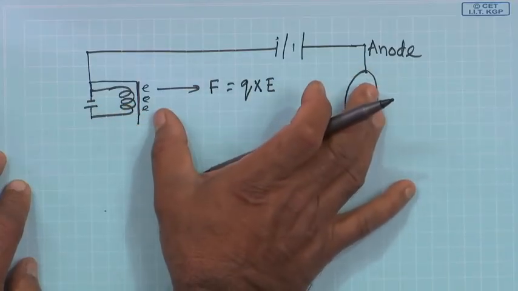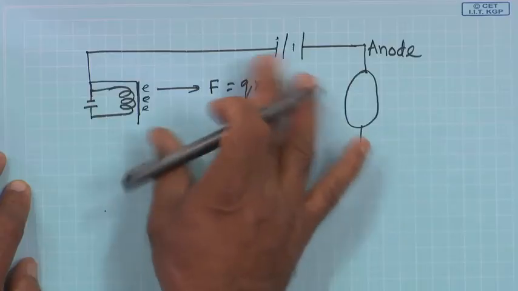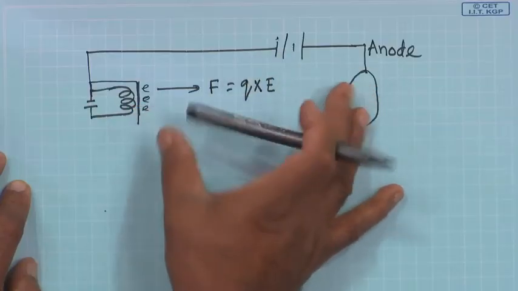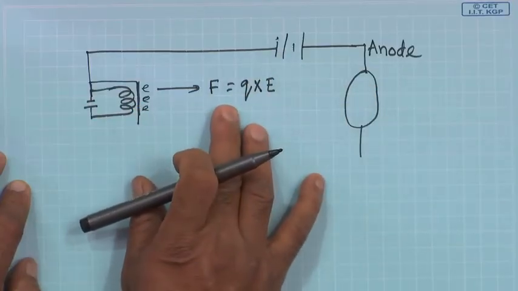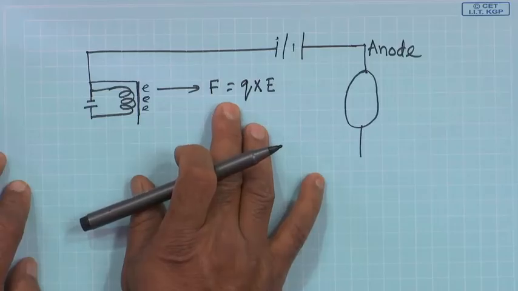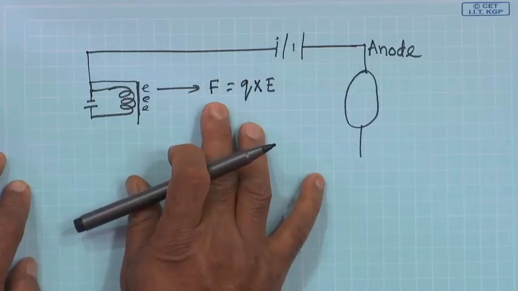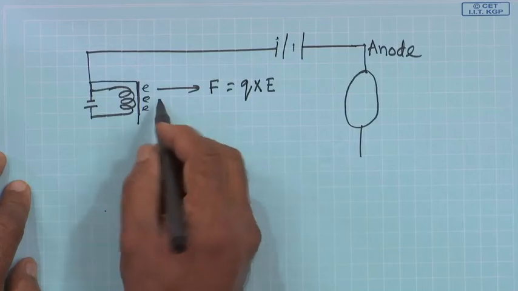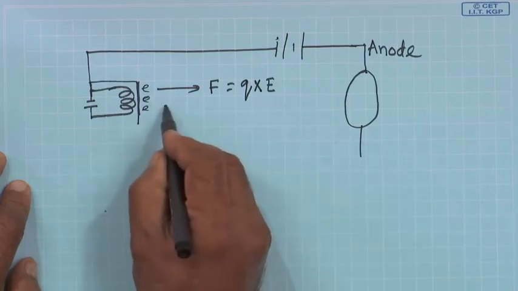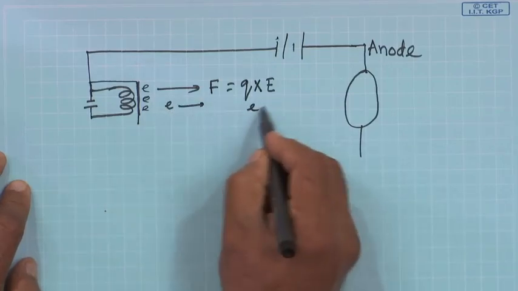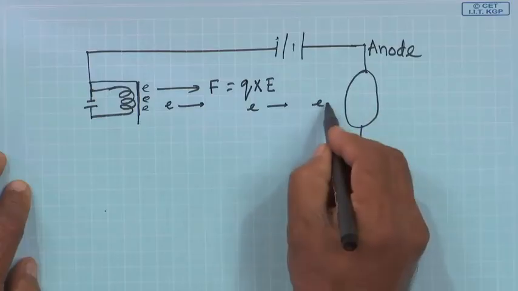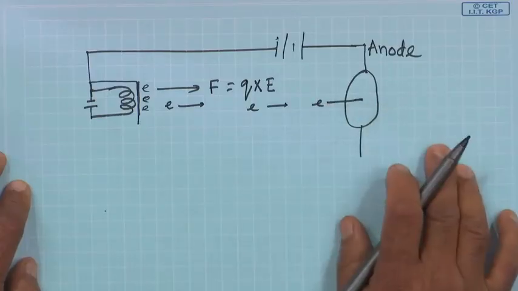So, due to this electric field, this charge will get a force and be accelerated, and these electrons will come and hit this anode.